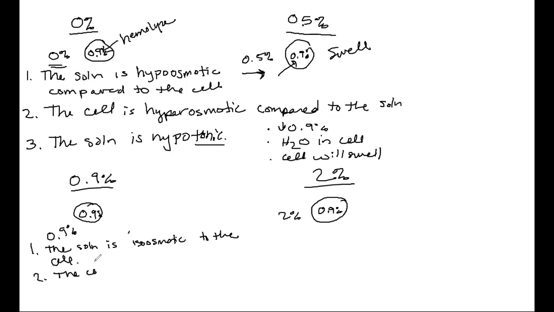The cell is isoosmotic to the solution, right? And then how do you describe this using tonicity? Good. The solution is isotonic.